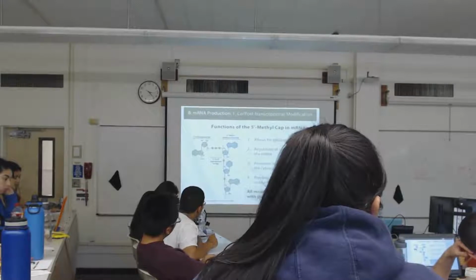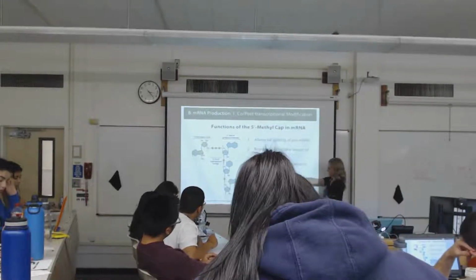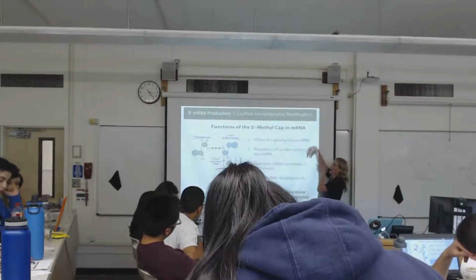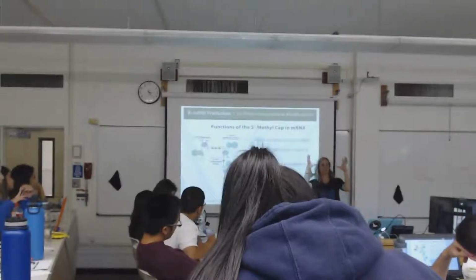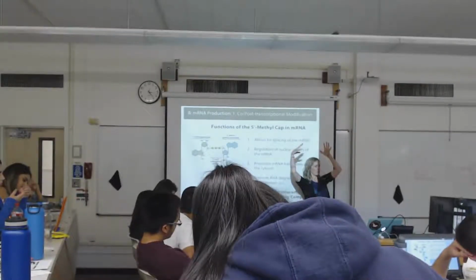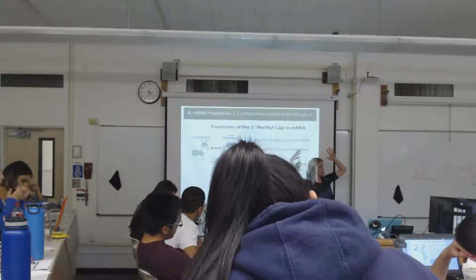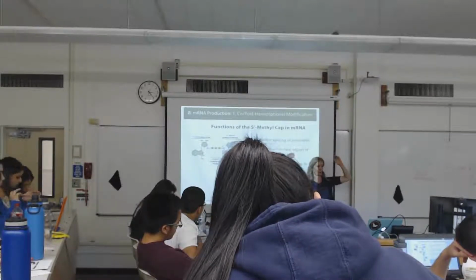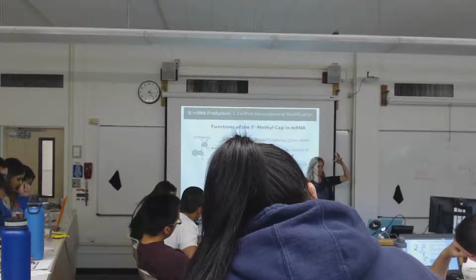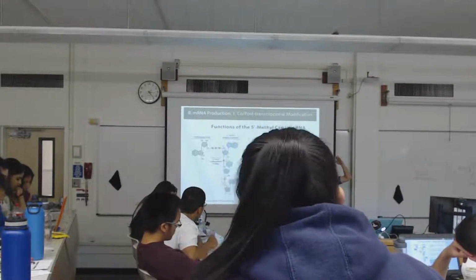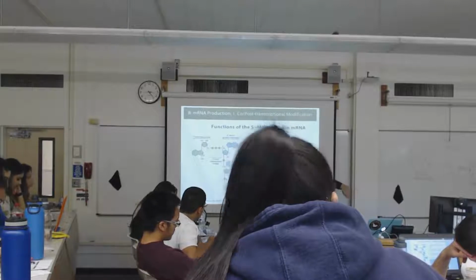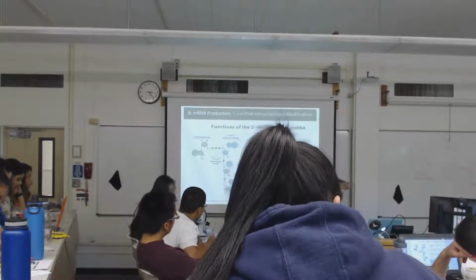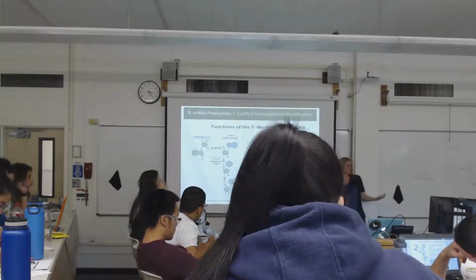So the cap, when it binds this cap binding complex, it helps recruit the spliceosome that removes the first intron. So it's important for removal of that first intron in any transcript. They've done experiments where they've prevented addition of the cap and then observed what happens.